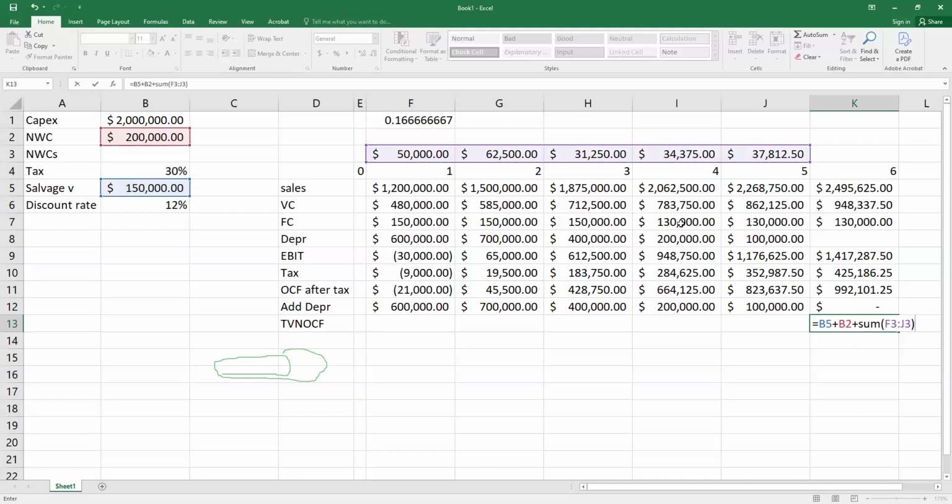Because it will be recovered back. We'll get this money from the business. Or if it was inventory, we'll get it back. And minus, as we are making a gain on sale, we have to pay the tax. And the tax is 30% multiplied by the salvage value.